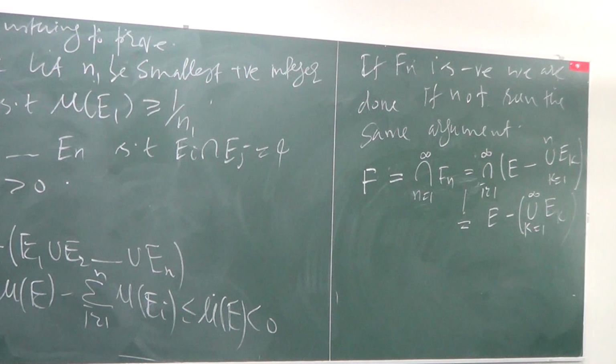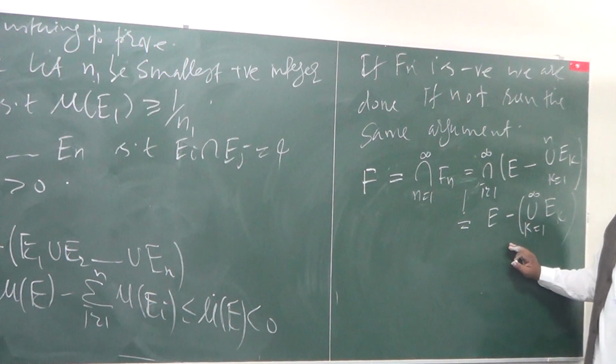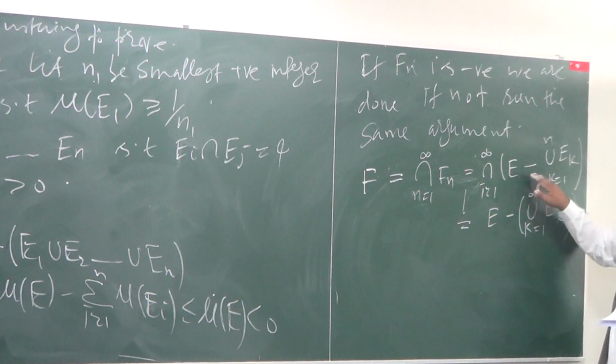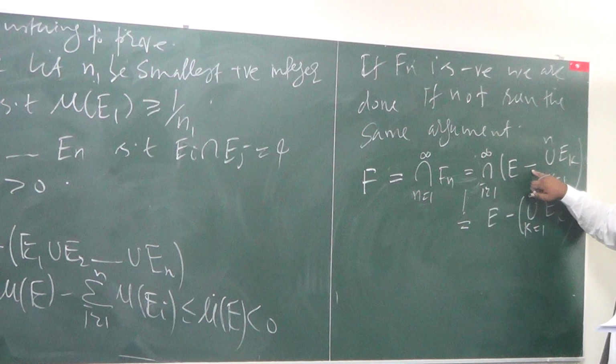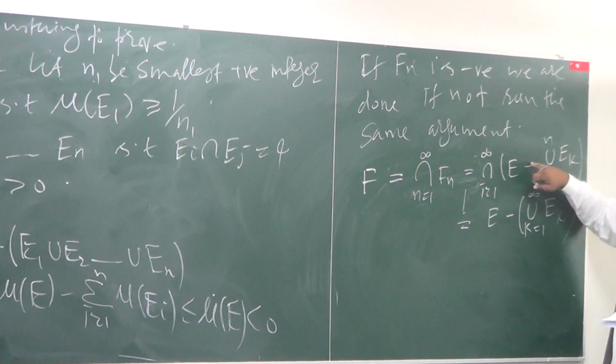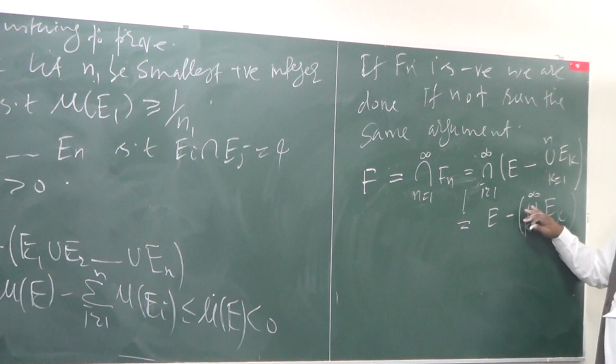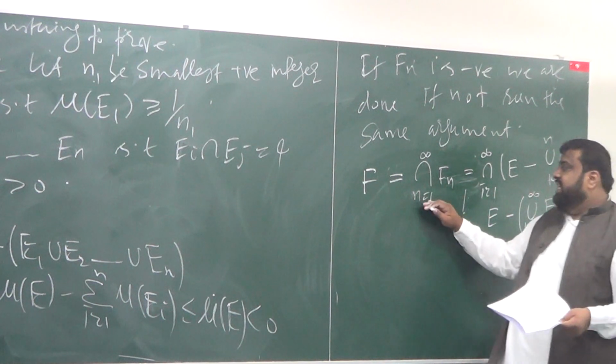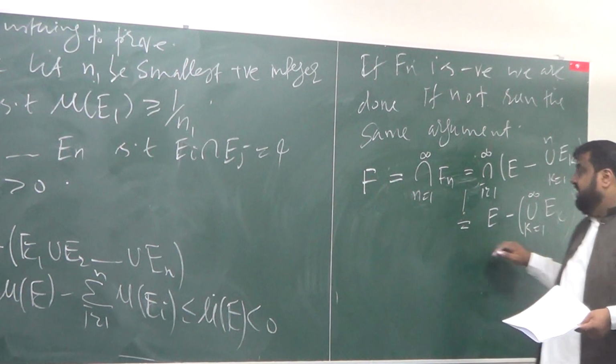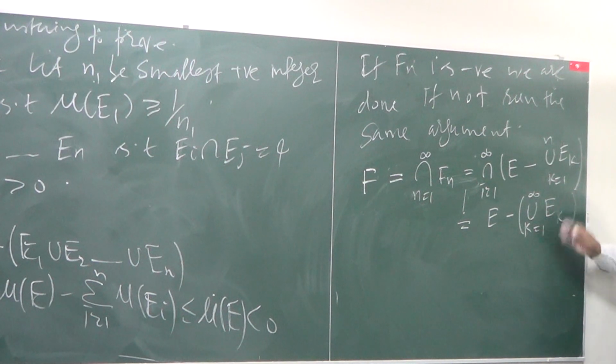It's just a set theoretic thing. Why would this be the case? Because the minus can be written as an intersection, and then you can apply distributive laws and show that the intersection of all such Fn's is going to be E minus all these positive parts.